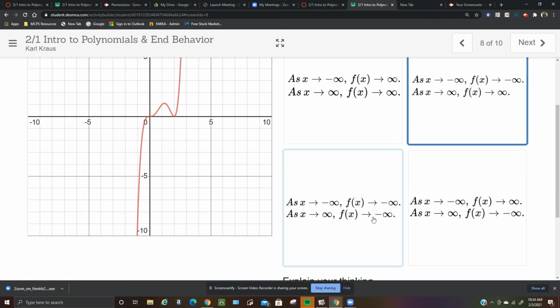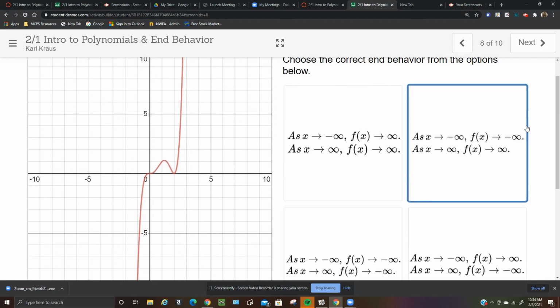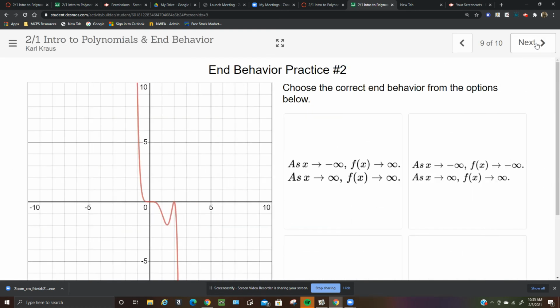This one's wrong because that's wrong. Both of these are wrong, actually. So it's this second one here. As x goes to negative infinity, y goes to negative infinity. As x goes to positive infinity, y goes to positive infinity.